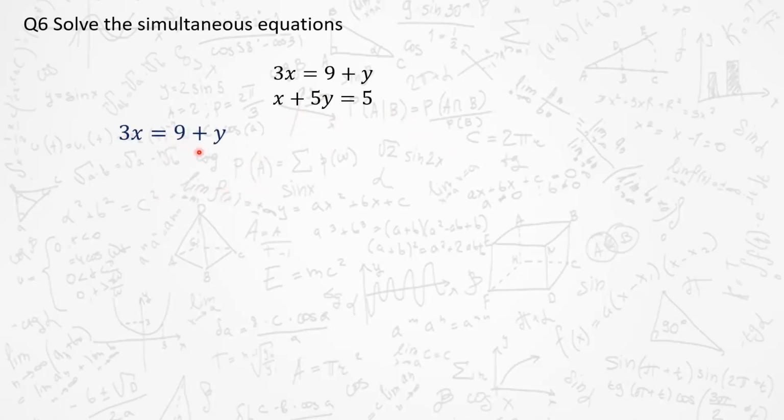Okay, so 3x equals 9 plus y. I want my y and x on the same side. So in this case, I need to take away y both sides. So left-hand side becomes 3x minus y. Right-hand side, I have 9 on its own. Okay, this looks more familiar now. I'm going to copy down my bottom equation.